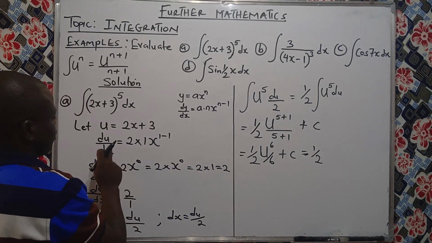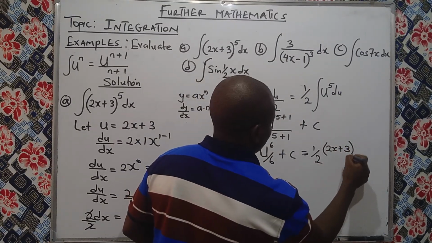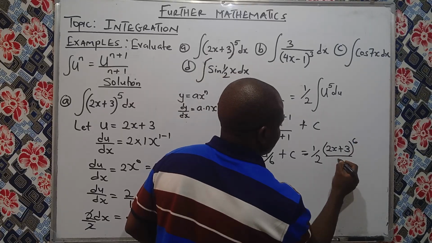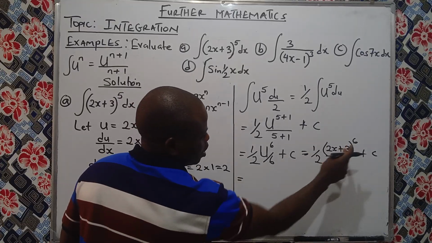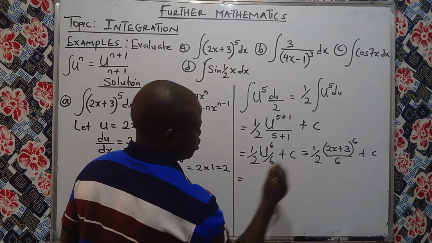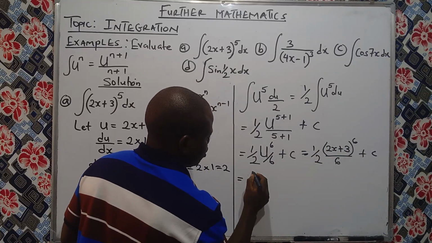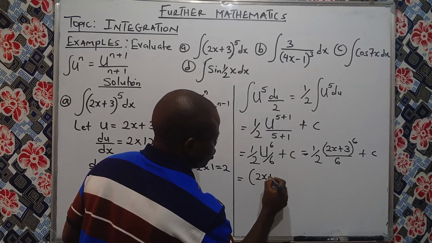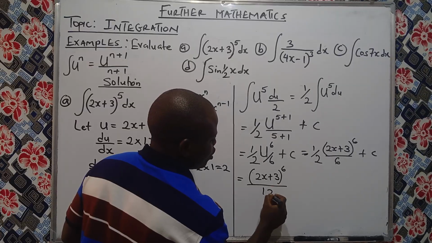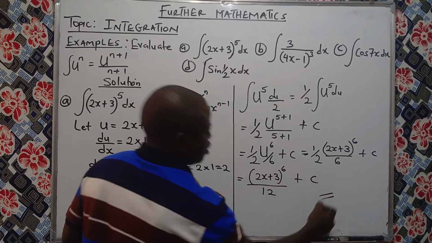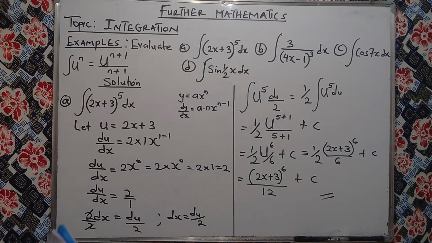Our u is 2x + 3. So (2x + 3) raised to power 6 divided by 6 + c, which is equals to 1 times (2x + 3) raised to power 6 over 2 times 6, that's 12, + c, as the answer for the first integration. Let's go to the second one.